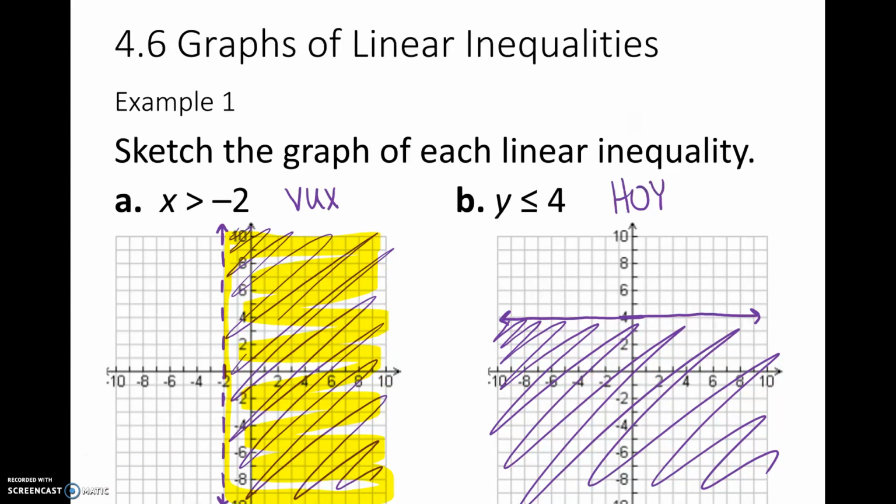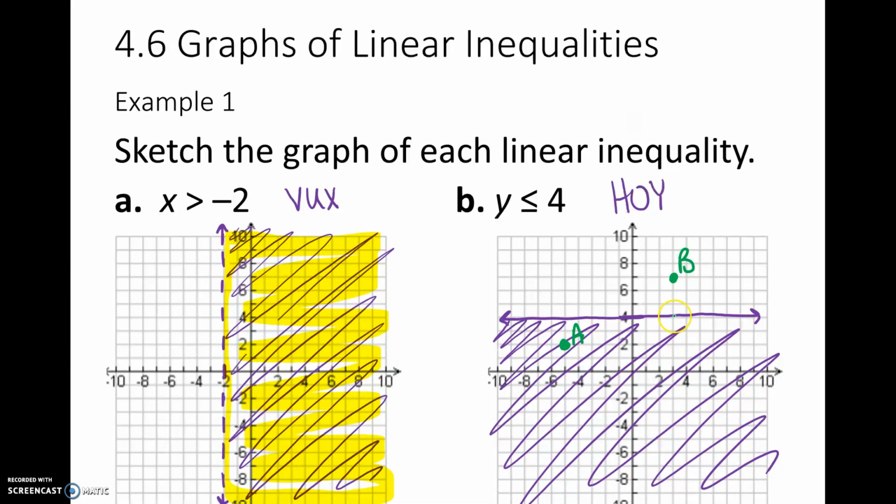I am going to put a couple of points on the graph, and I want you to tell me if the point is a solution to the inequality or not. So let's call this one point A. Is point A a solution to the inequality? Yes. Is B a solution to that inequality?